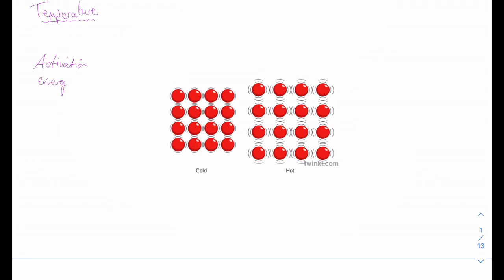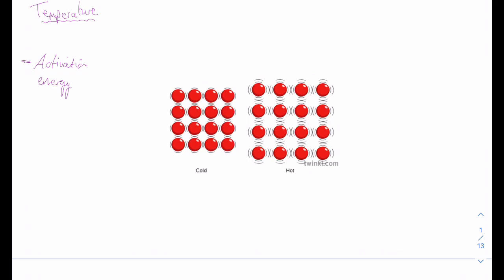So temperature is different amounts of energy. So the higher the temperature, the more energy the particles have got. So the more likely that they'll have either got to the activation energy or above the activation energy. So that's the first point: the higher the temperature, the closer to the activation energy, the more likely the particles will collide.